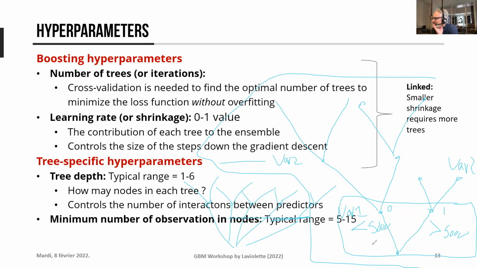So only a subset of variables can be used in each tree. And this tree depth that we specify, this hyperparameter, is actually a maximum. So in our ensemble of trees, we can have trees with only one split, but if we decide that our maximum number of splits is 5, we can also have trees with up to 5 splits.